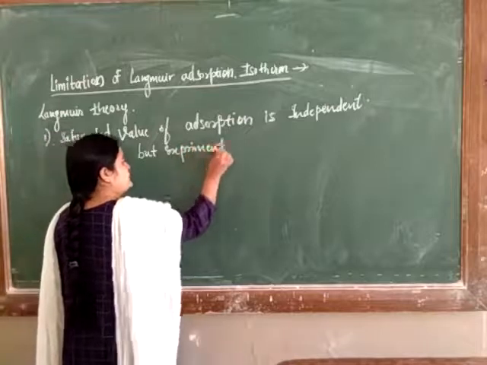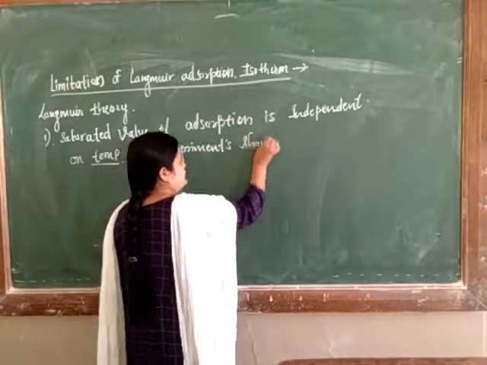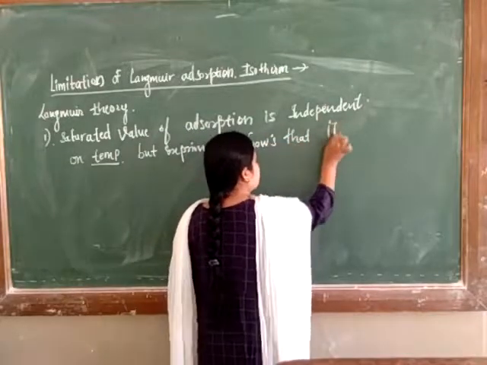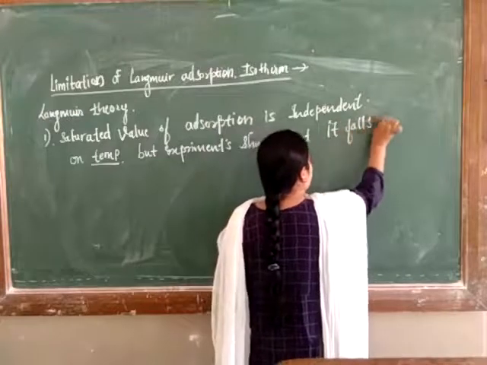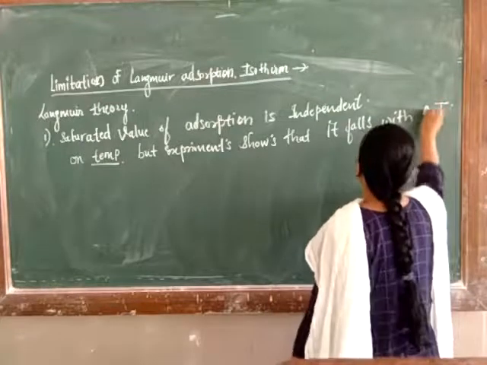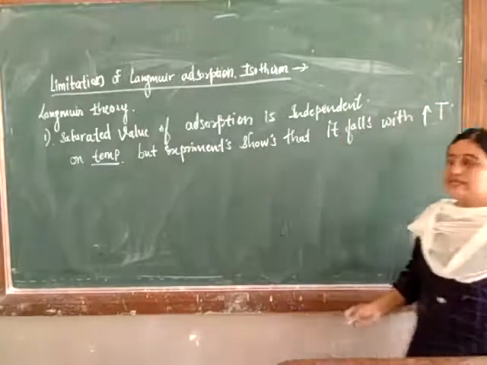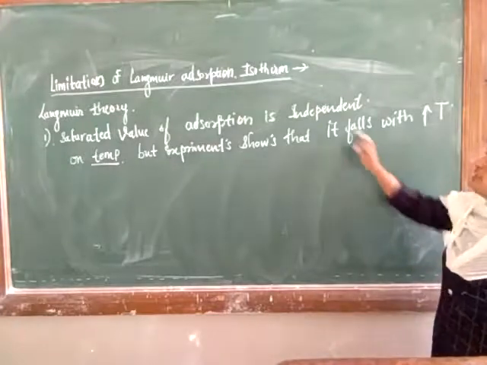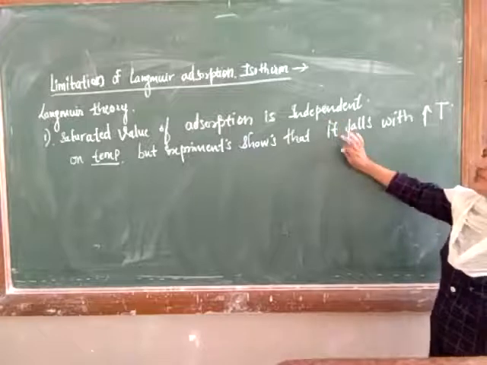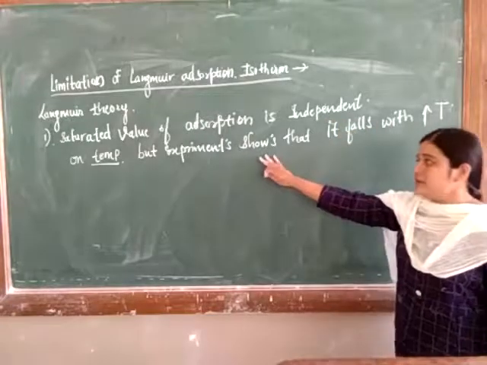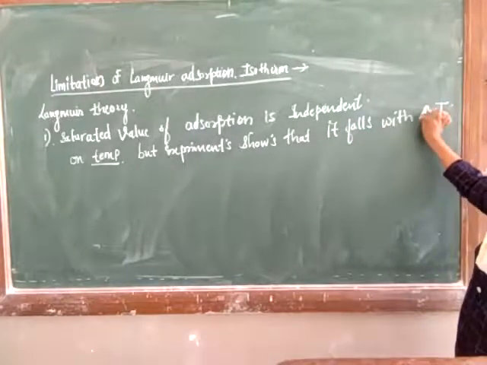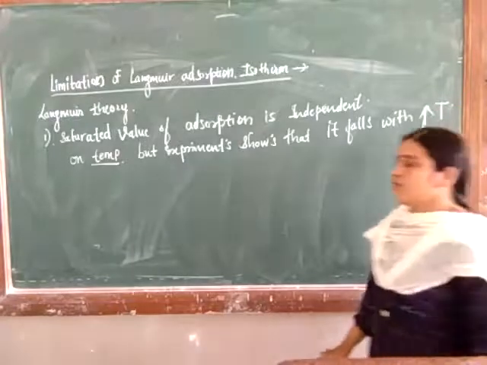Langmuir theory says the saturated value of adsorption is independent of temperature, meaning that when you increase or decrease the temperature, there is no effect at all. But when you perform the experiment, this statement is false when you increase the temperature. Okay, this is about the first point.